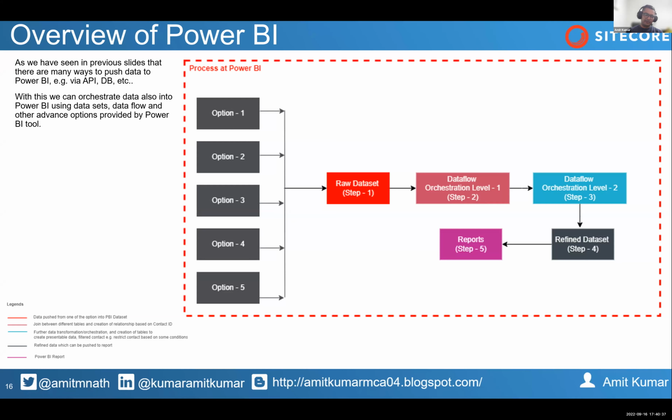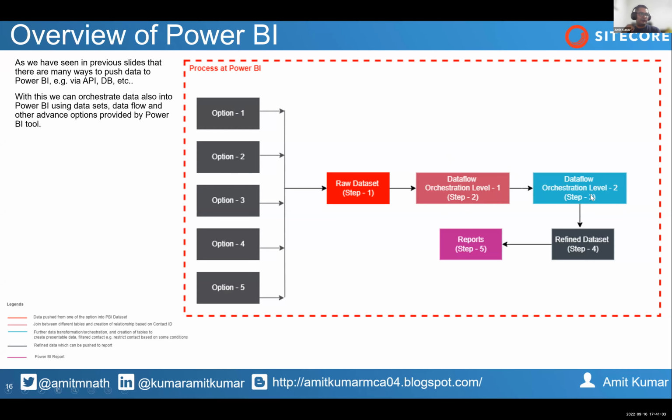For example, all the contact facets or interaction facet data are present in JSON format, but in Power BI you can select a column and do a JSON deserialization. Power BI automatically converts that data into columns or rows if you want. That level of orchestration I did in step 2.